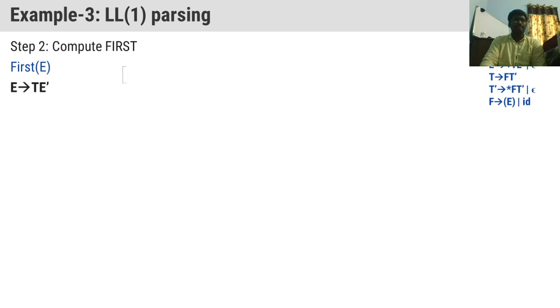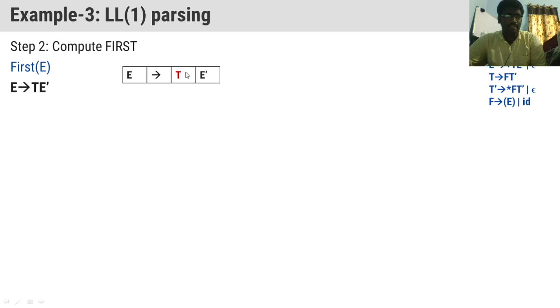When E derives TE dash, what is the starting symbol in the production? Capital T. But we should not take capital T directly. Why? Because only if it is a terminal do we include that symbol in the first set.